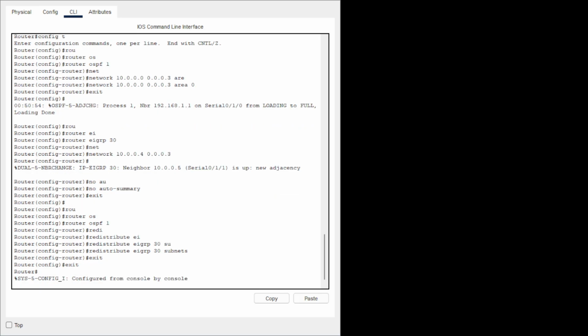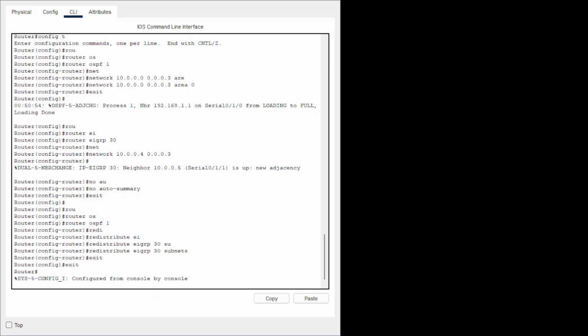Let's see one thing. The serial port of the edge router to which the EIGRP network is connected in cluster 0 is serial 0/1/1.